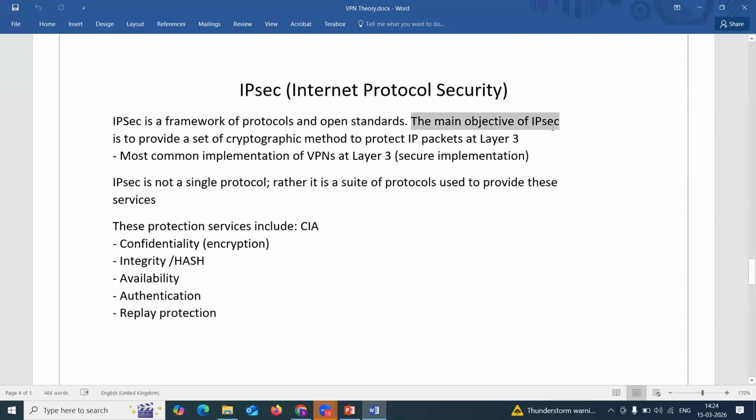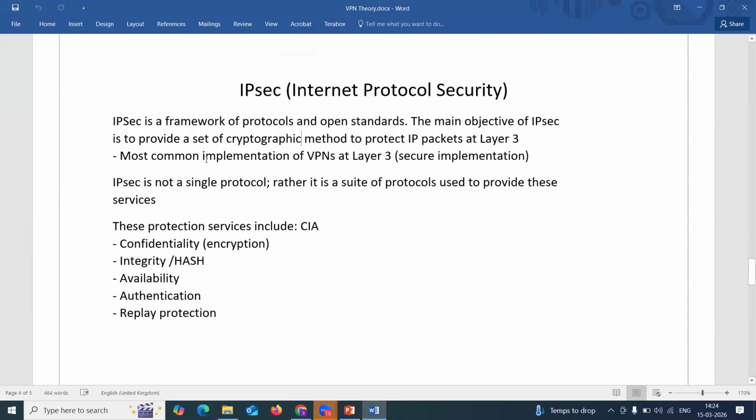The main objective of IPsec is to provide a set of cryptographic methods. In our previous class, we studied cryptographic methods: encryption, hashing, different types of keying methods. If you want to apply all those algorithms, you need a protocol, and that protocol is IPsec.